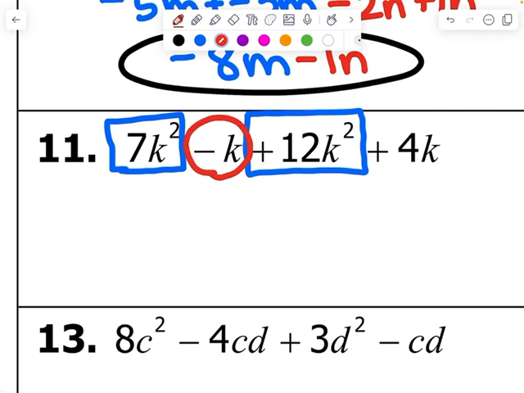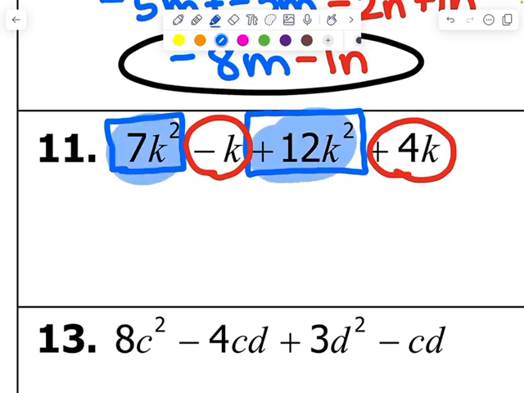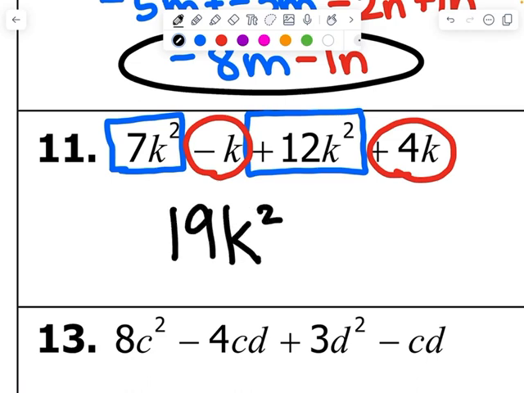Minus k and plus 4k are like terms because they're k to the first power. That is different than k to the second power. So if we take 7k squared plus 12k squared, we are going to get 19k squared. Then minus k plus 4k is going to give us plus 3k.